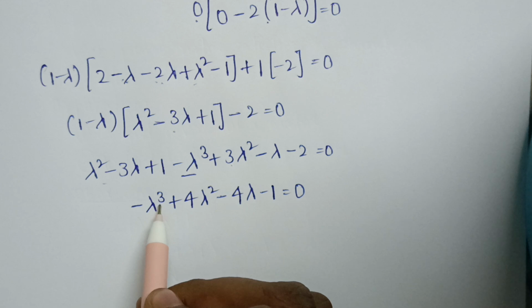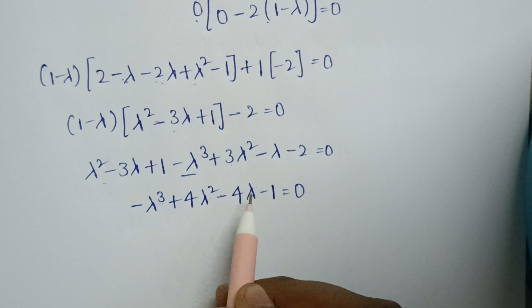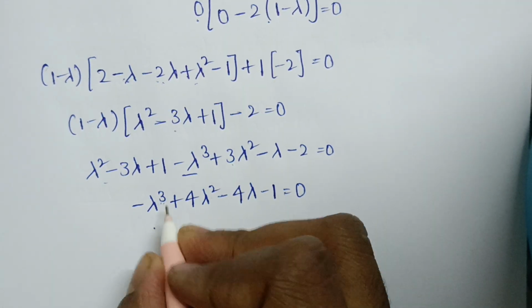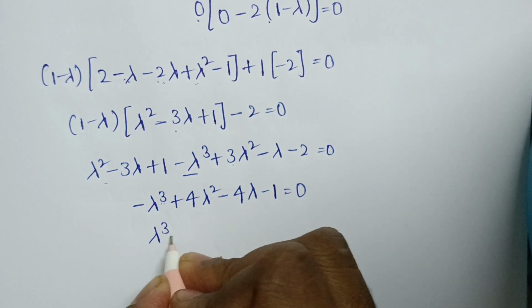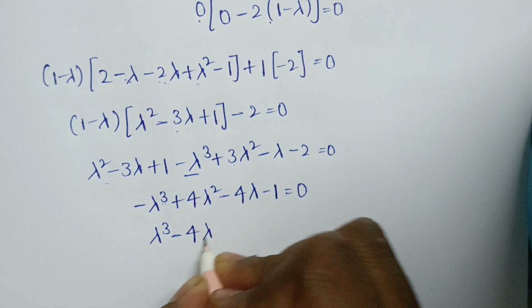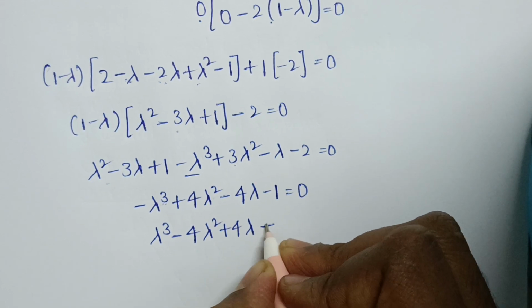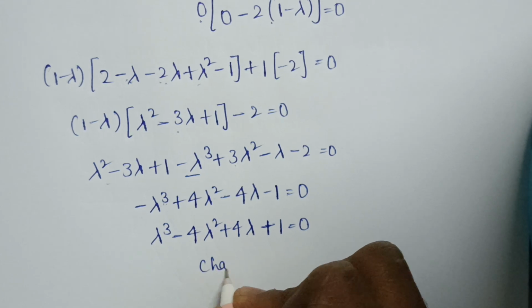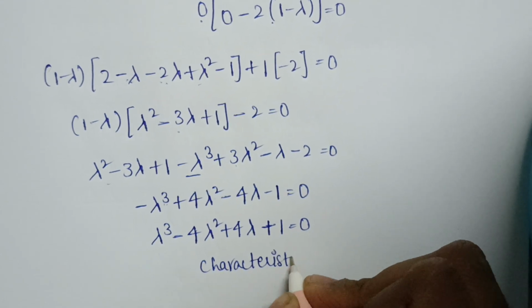Whenever we write terms, we should write them from higher to lower order: cube, square, single term, like that. So we should multiply the given equation with minus 1 to get lambda cube minus 4 lambda square plus 4 lambda minus 1 is equal to 0. This is our obtained characteristic equation.